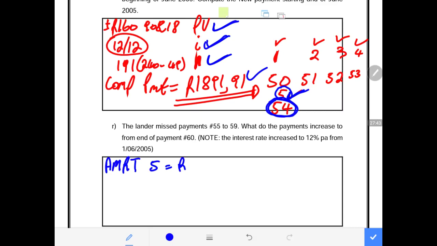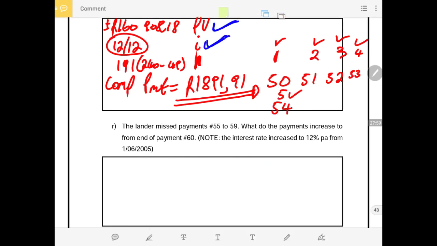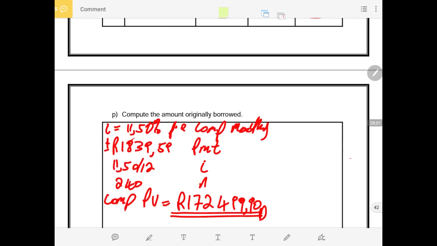So now after we have used that amount, then I will get to a balance. I get a balance of 159,465 rand 49 cents.